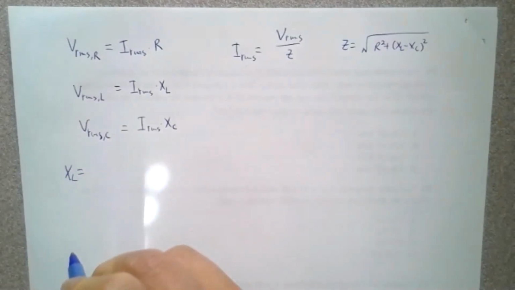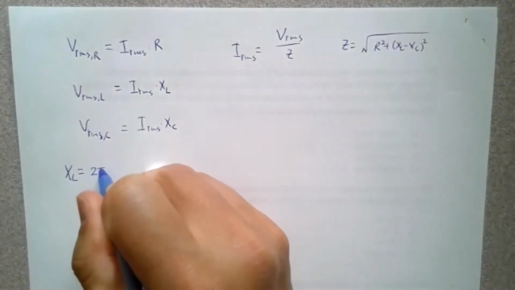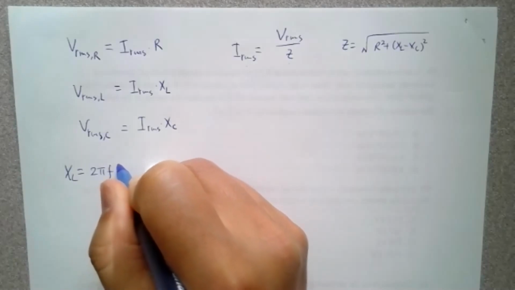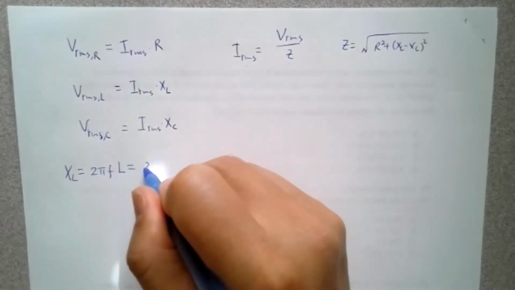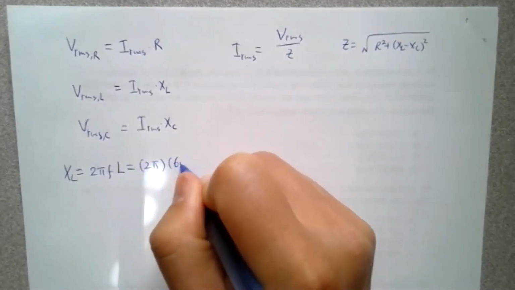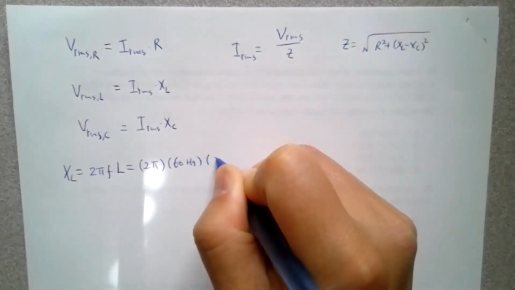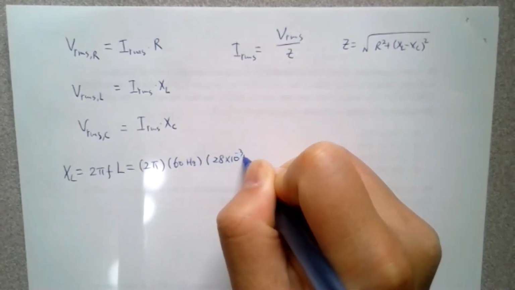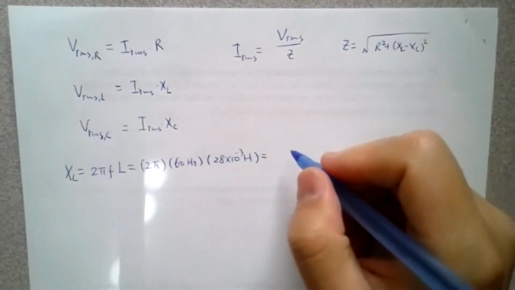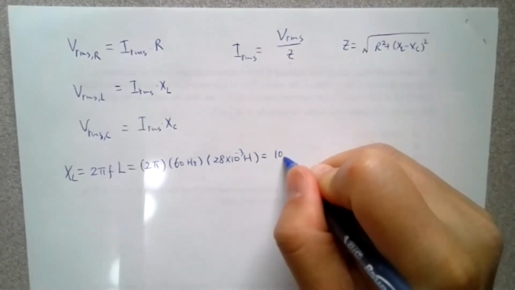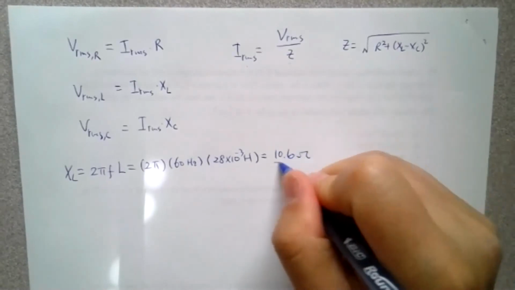XL is equal to 2 pi f times L. So that's 2 pi times the frequency, 60 hertz, times L, which is given as 28 times 10 to the minus 3 henry, since it's millihenry. That gives you 10.6 ohms.